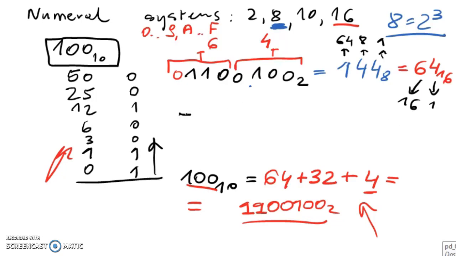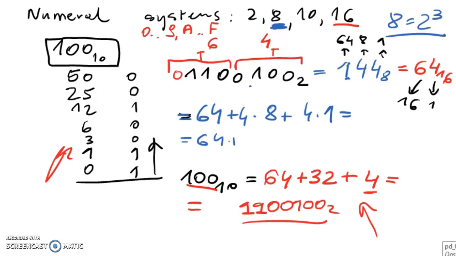Now let's start with the octal system, which is in blue color. 1 times 64 plus 4 times 8 plus 4 times 1. It is equal to 64 plus 32 plus 4.